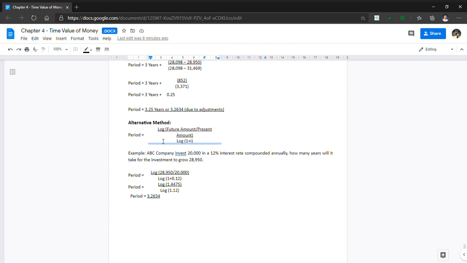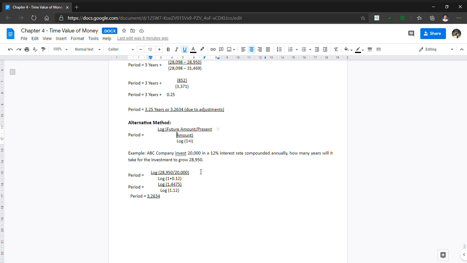So log 28,950 divided by 20,000, right? So hindi pwede palang natin ang calculator ko. So yung mga calculator na pwede, you can try it kung tama ba.